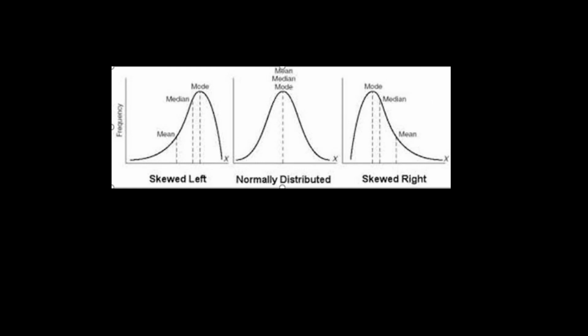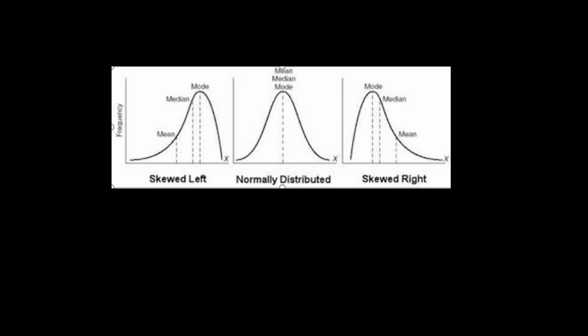In this section, we're going to be looking at mainly normally distributed data. Recall from our last study, we had left skewed data and right skewed data. But in this section, we're going to be dealing with normally distributed data, in which the mean, median, and mode are all the same. Now, I just want to ask you a question.